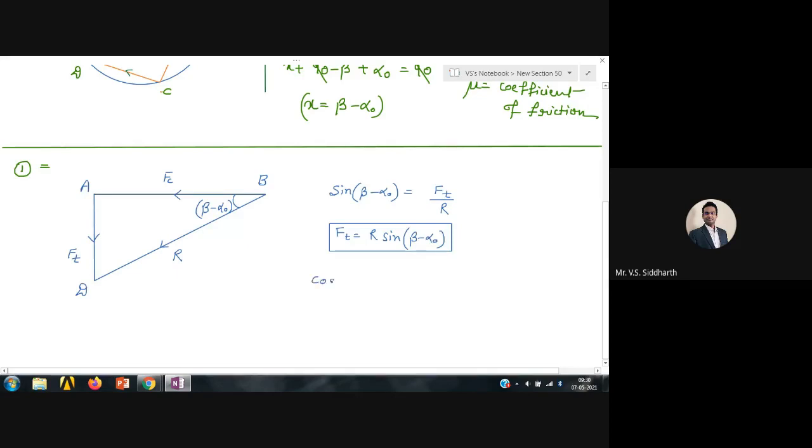I can use cos beta minus alpha naught equals Fc upon R. So Fc equals R cos beta minus alpha naught.